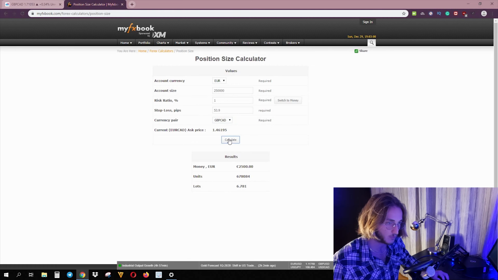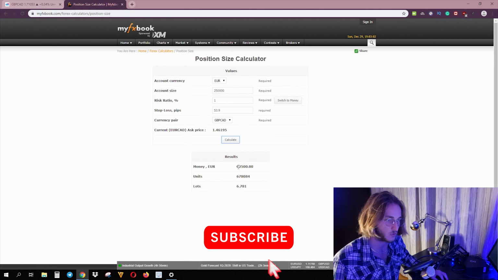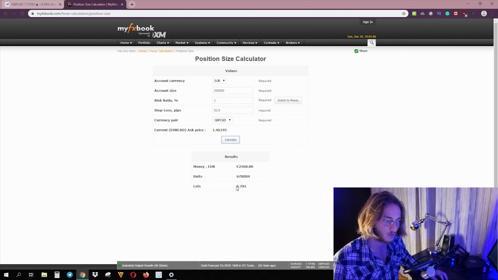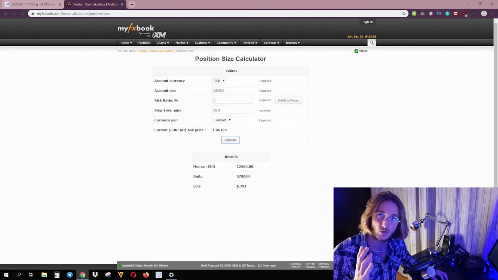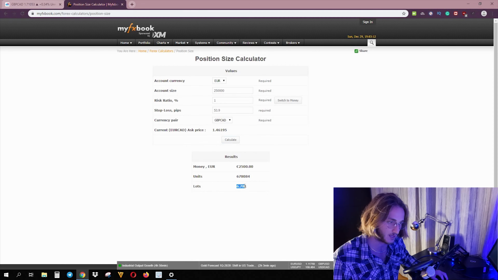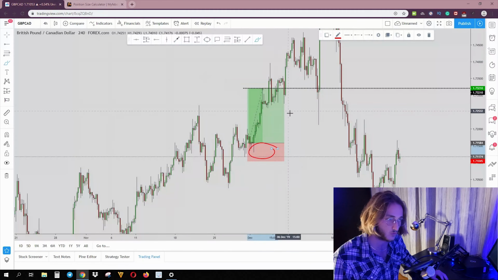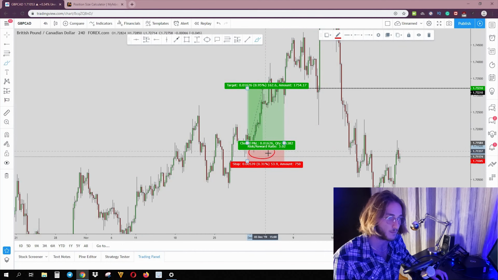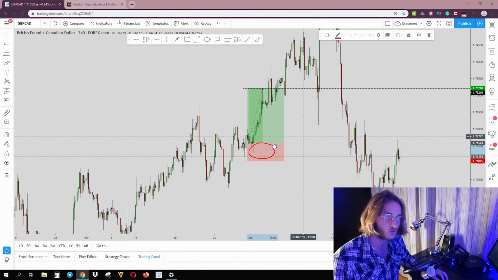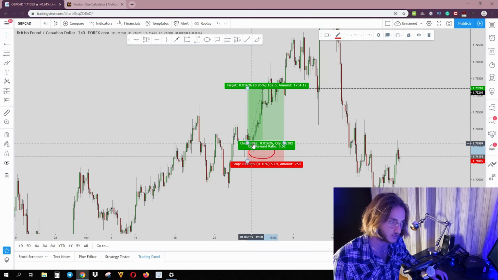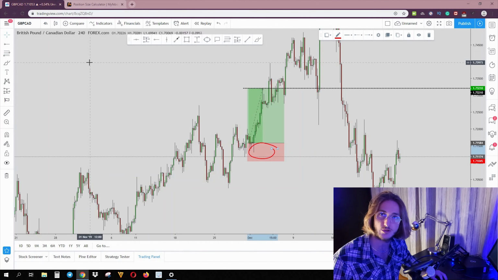You go on calculate and you will clearly see that 1% of your account equals obviously 2.5k, and the lots that you have to enter within your actual order, okay, will be 6.78. So you will enter 6.78 lots to have a 1% risk on this trade. So by entering 6.78 lots at this entry price here with a stop loss here on GBP CAD, you already know that you're risking 1%.